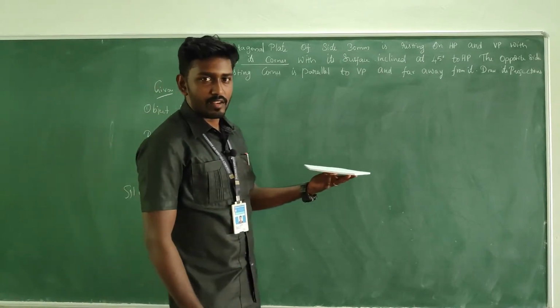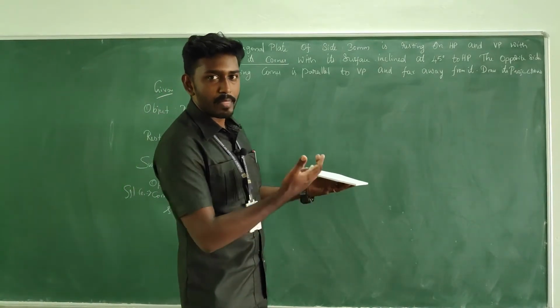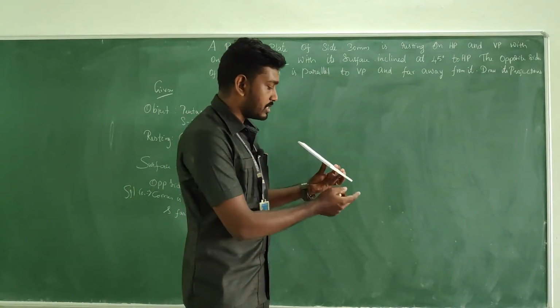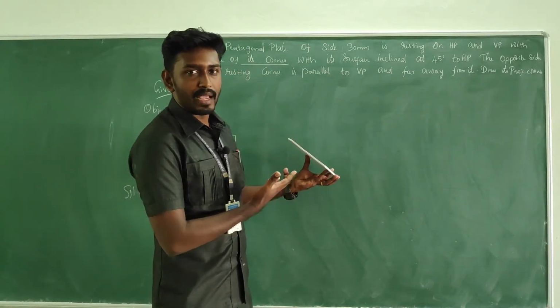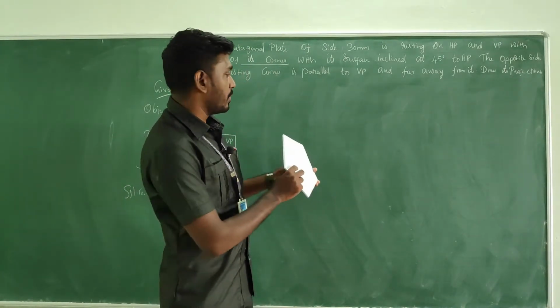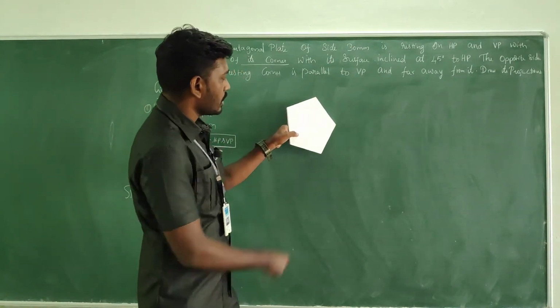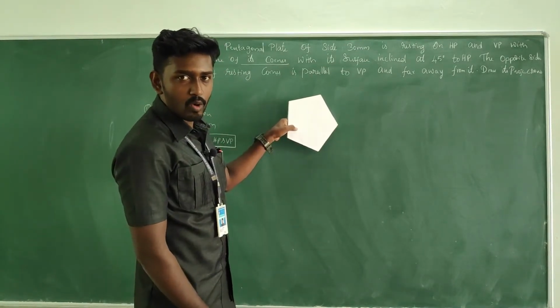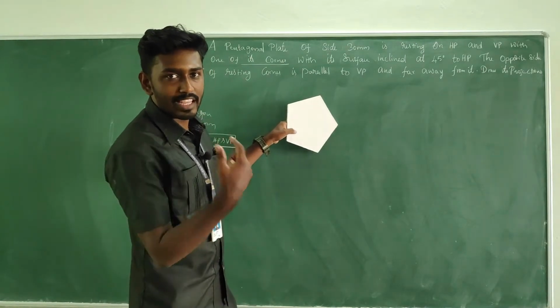When the question is resting on HP and inclined to HP, we keep the object something like this if it is a corner. When the object is resting on VP and the surface is inclined to VP, we keep the object something like this, inclined to VP and resting on a corner. Now the corner is resting on both planes, HP and VP.